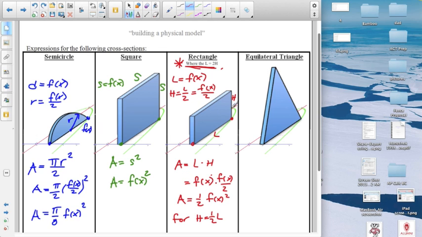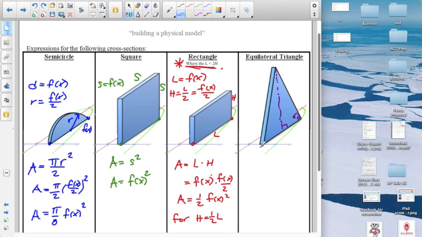rectangle. The equilateral triangle involves a little bit of trig. So if we look at the equilateral triangle, we know that we have a 60-60-60 degree relationship here. And in order to find the area of a triangle, we need the altitude, and that's supposed to be the altitude. And so when we drop an altitude down here, we have a 30, 60, 90 triangle.